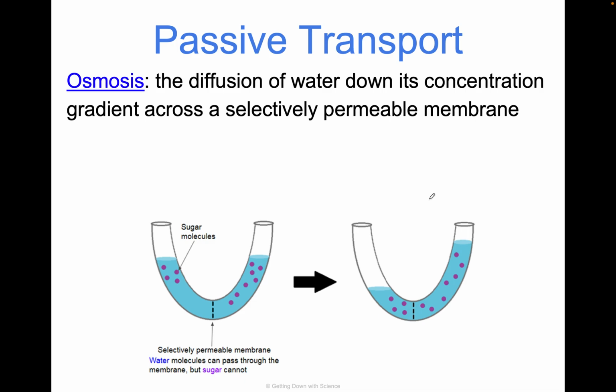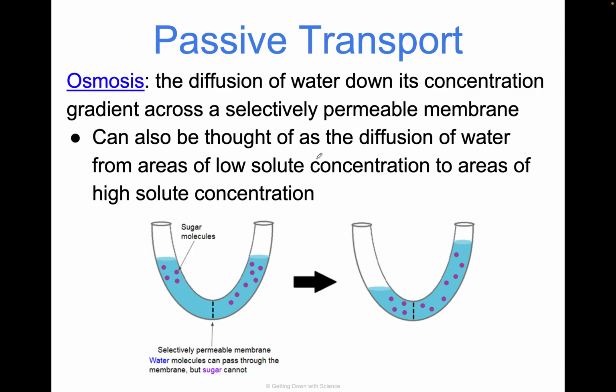Osmosis! Love osmosis. So we talked about this in Unit 1 when we were doing properties of water, but we're going to hit it home again. So the diffusion of water down its concentration gradient across a selectively permeable membrane is this process of osmosis. And this is sort of counterintuitive. Here we go.